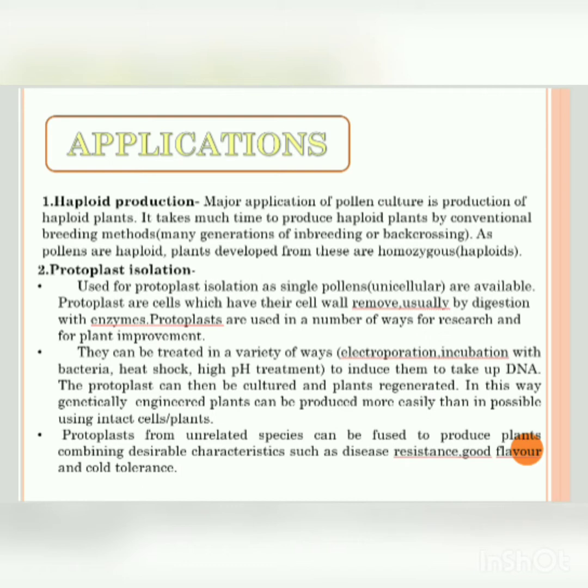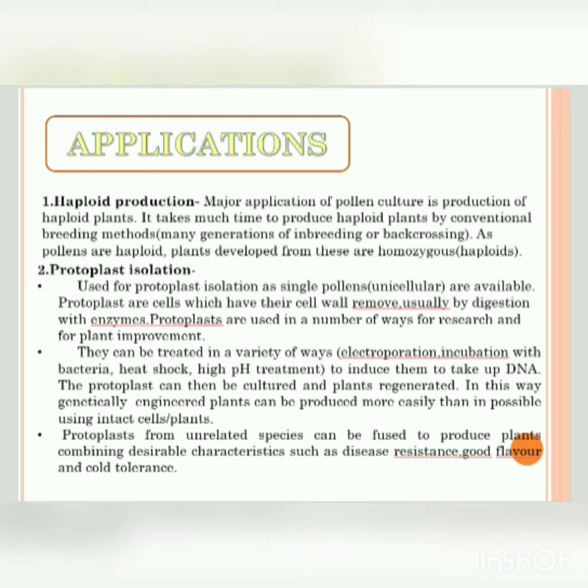As the pollens are haploid, the plants developed from the pollen culture and anther culture technique can be used in place of the conventional breeding method, so that we can save our time, and the plants developed from this will be homozygous or haploids. Understood? Then the second is the protoplast isolation.